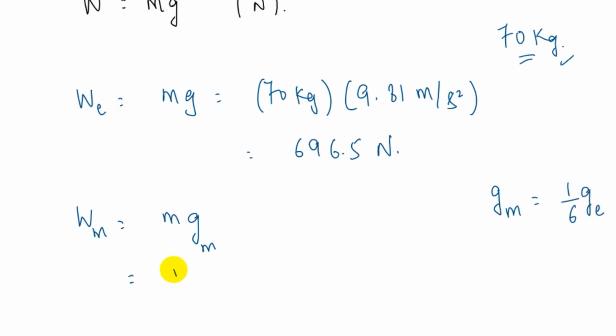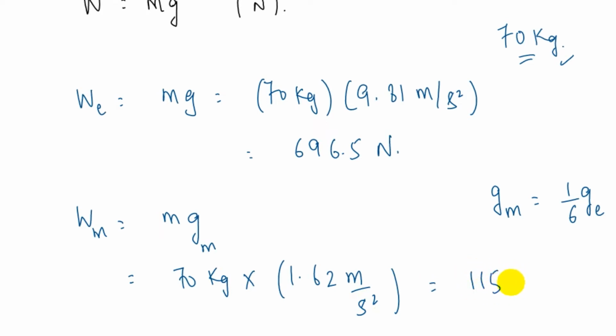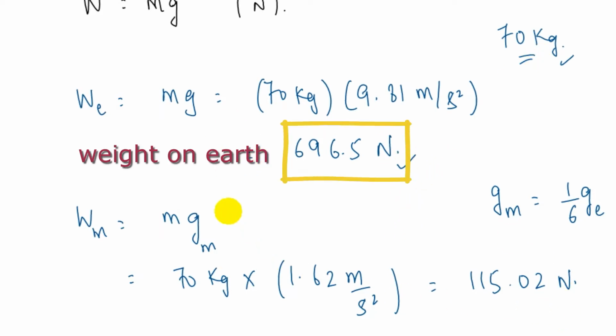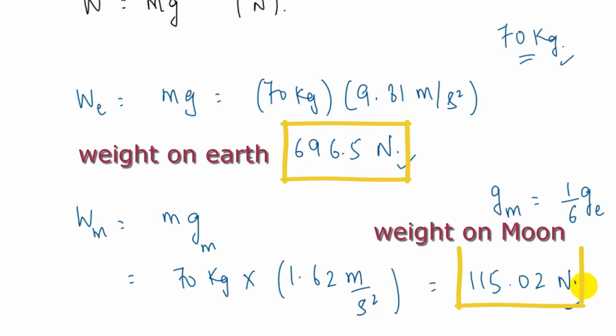So the weight would be 70 kgs times g on the Moon, approximately 1.62 meters per second squared. From here the weight is 115.02 Newton. The same person weighs this much on Earth, and this much on the Moon.